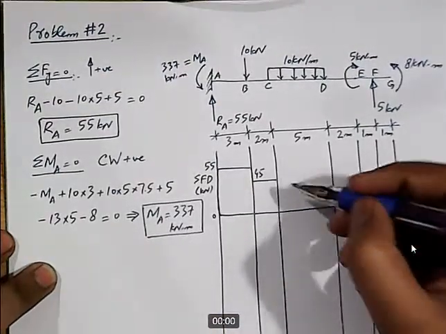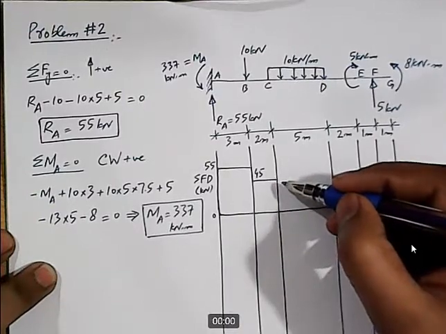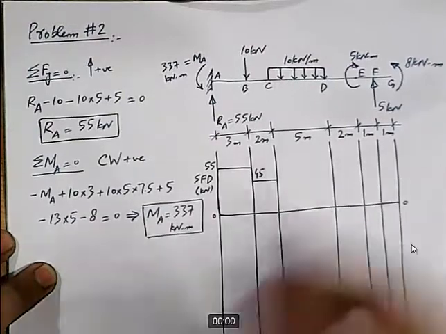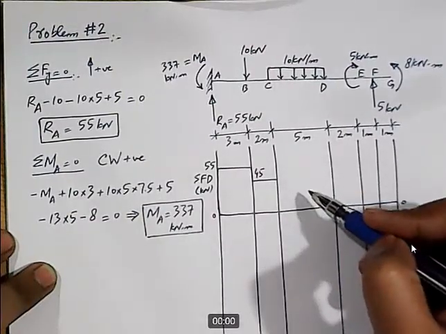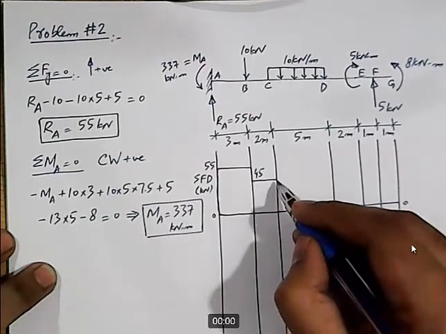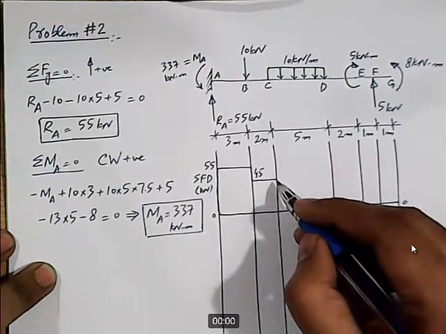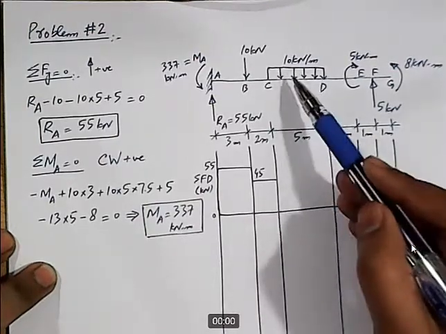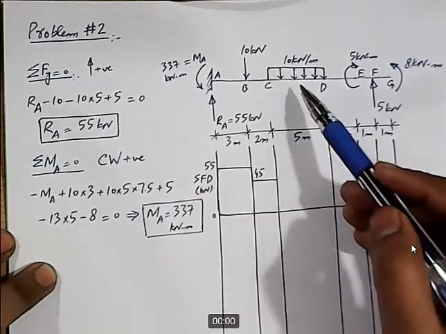And then at point C, there is a UDL starting at point C. So the shear force diagram for this portion will be an inclined line. Magnitude is 45 at this end, and 45 minus area of this UDL, which is 10 into 5.